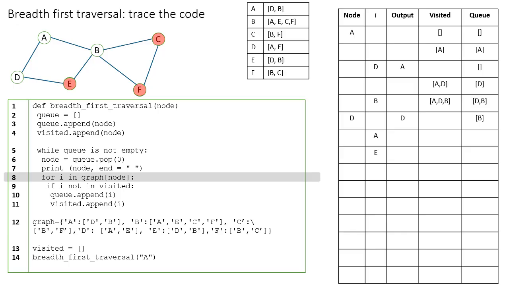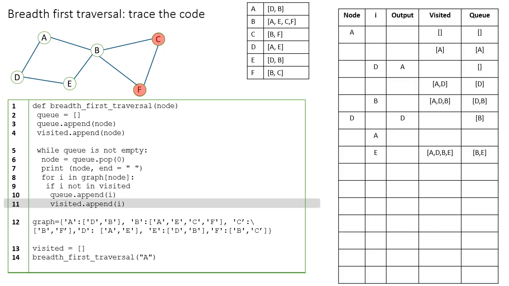Now we take the next adjacent value, which is E. E has not been visited. We add E to the queue. We add E to the visited list.